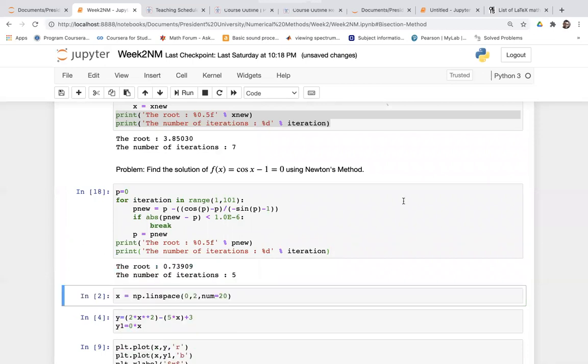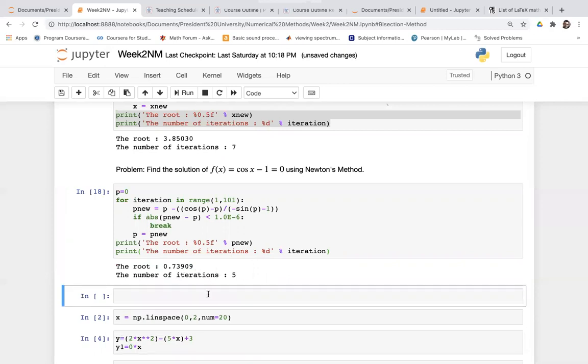Let's see the result. See, the iteration is 5 times. The result is the root, 0.73909. Okay, let's check. Is it close? How close is that? Cos 0.73. Okay, p new. I think I will put p new, this is p new actually, right? Minus p new.